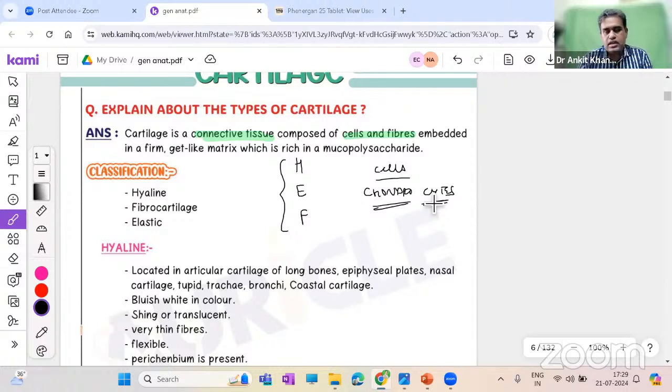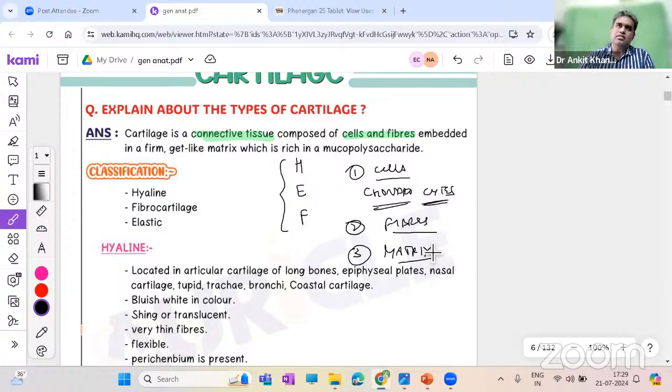Now, these cells of the cartilage are going to give rise to fibers: collagen fibers, elastic fibers, reticular fibers. And in between those fibers, you need some gel-like matrix. So there is also a matrix, or you can say environmental milieu, the environment.